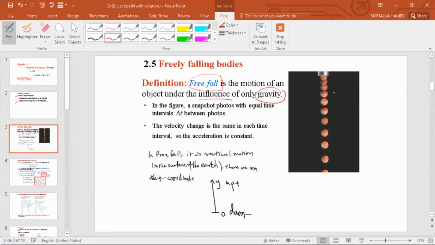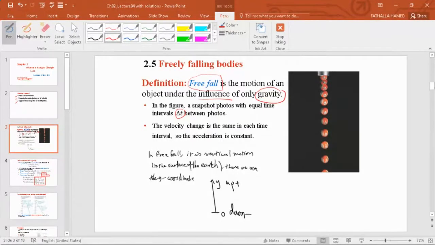If you look at the image that we have here, you drop a ball and the ball is coming down. Now in this cartoon, they tell you that delta t between these images is the same.